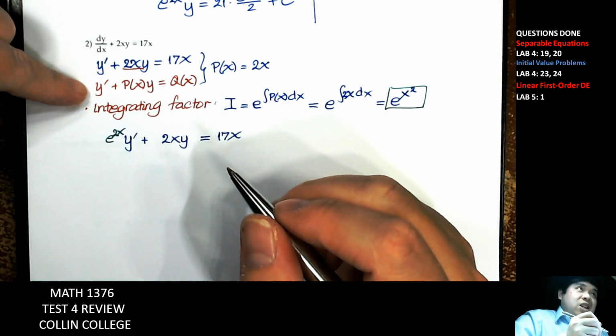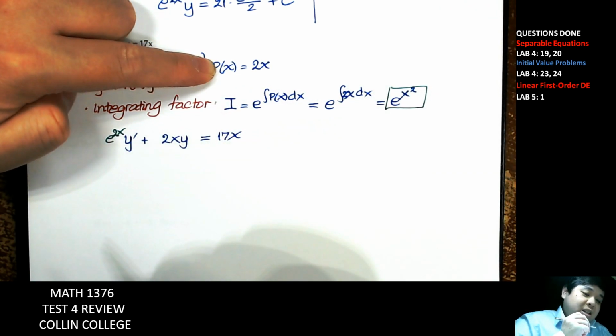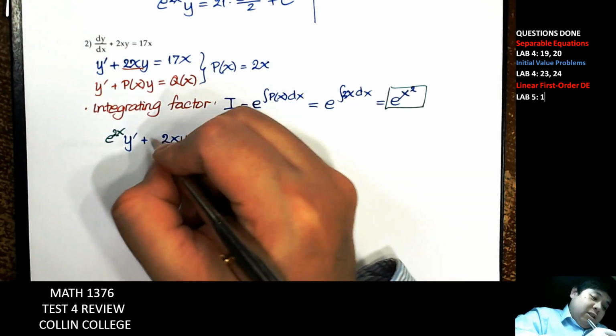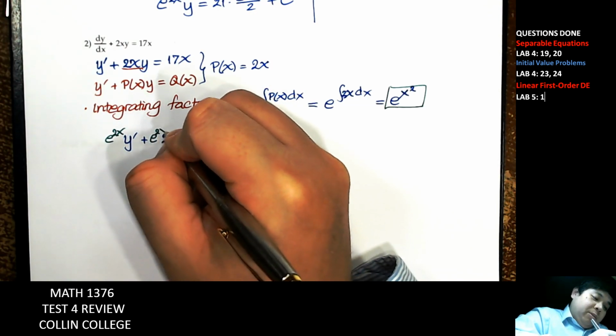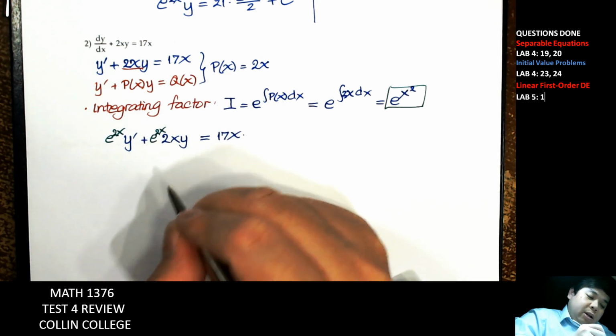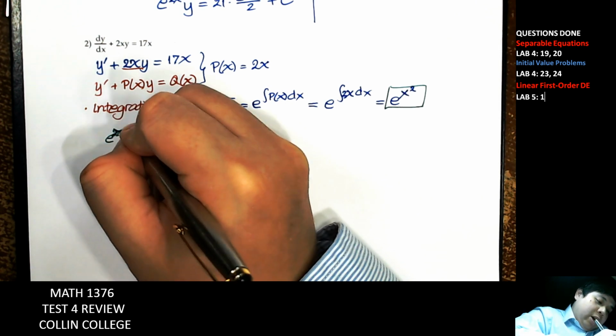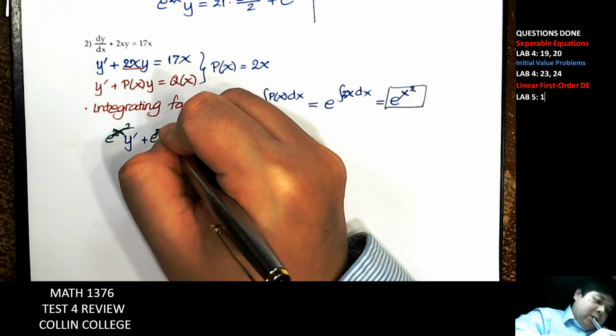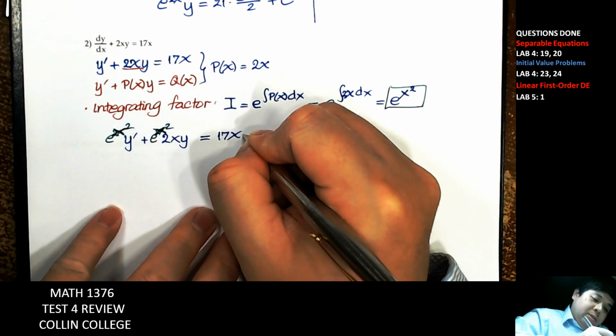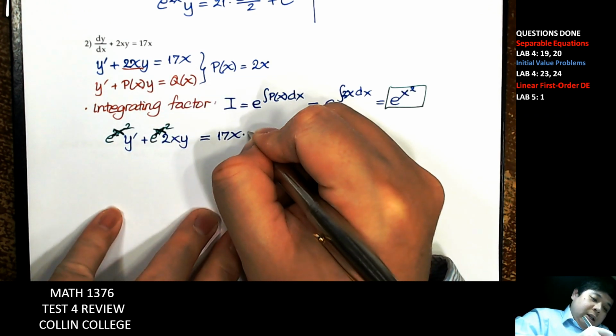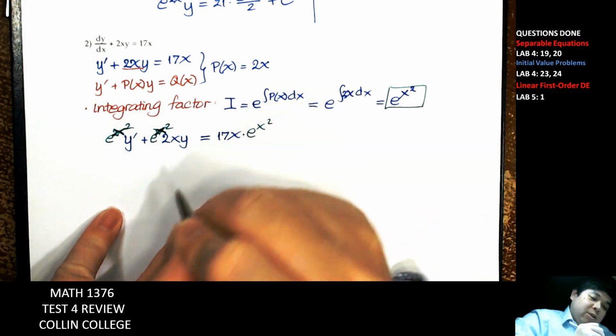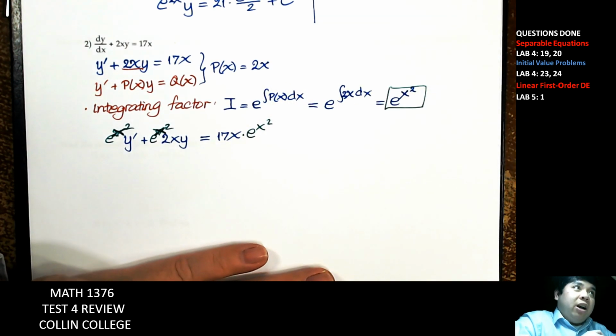So the equation is in the standard form, we find p of x, the integrating factor, and multiply both sides. Sorry, that is the integrating factor, e to the x squared on both sides.